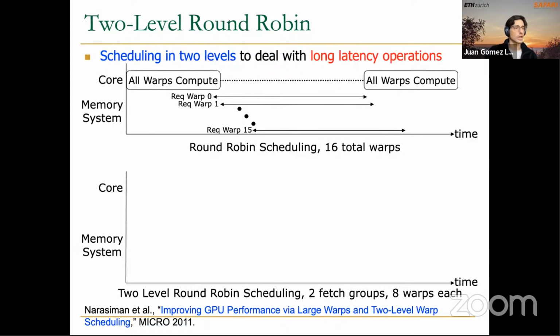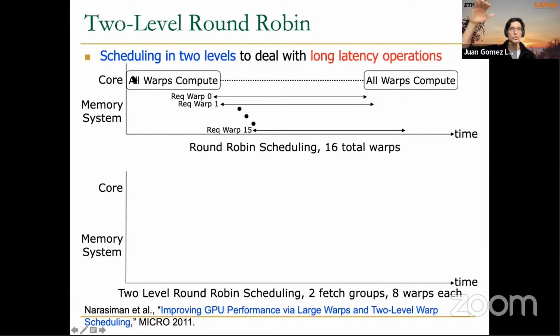And then regarding the access to memory, how to reduce the long latency, so how to hide the long latency operations better. One thing that the authors of this paper detected is that in the typical round-robin scheduling that is normally used in GPUs, we are going to have situations like this. All threads from all warps are computing.